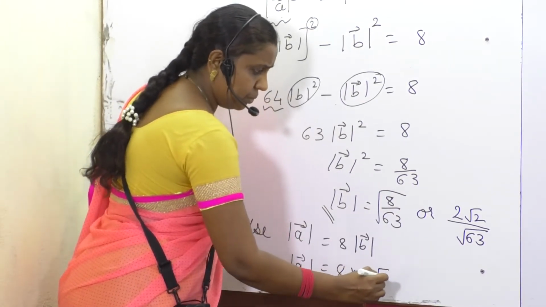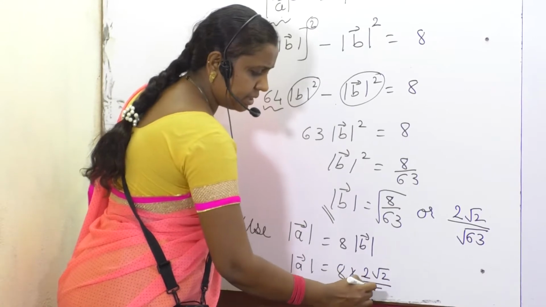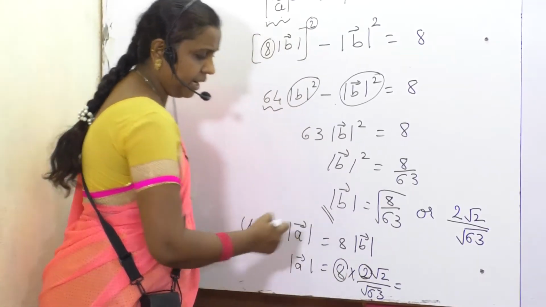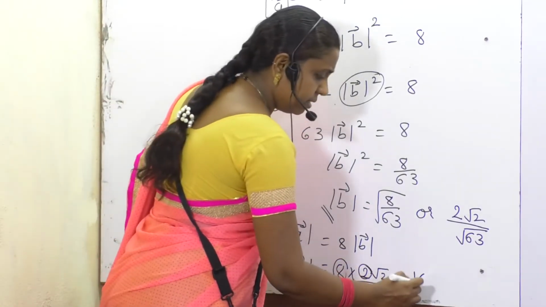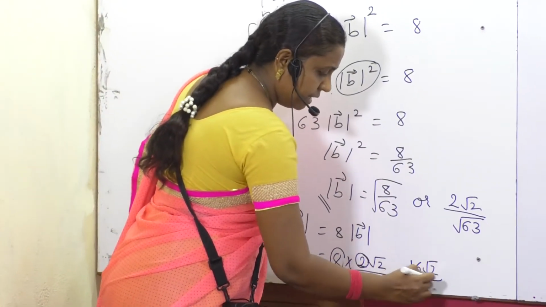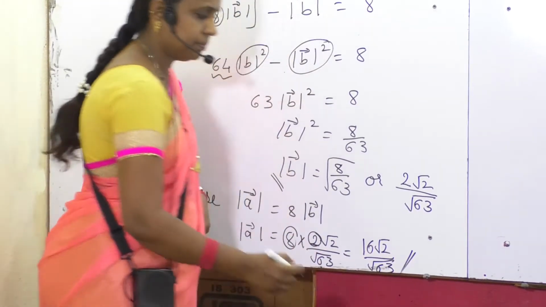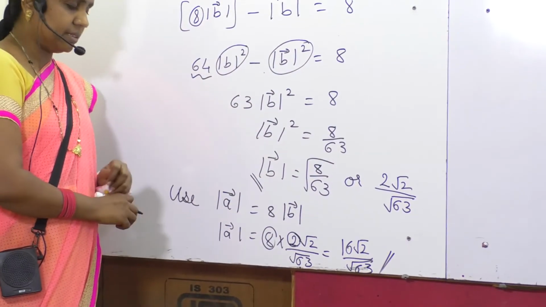I will be taking 2 root 2 divided by root 63, and the answer happens to be 8 into 2, 16 root 2 divided by root 63. So these are the answers.